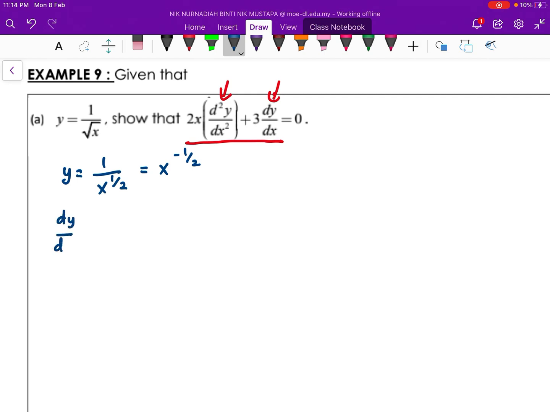Okay, dy over dx is equal to bring down power, reduce power. So, it becomes negative 1/2. Bring down power and then we reduce the power. Negative 1/2 minus 1 becomes negative 3/2, kan?